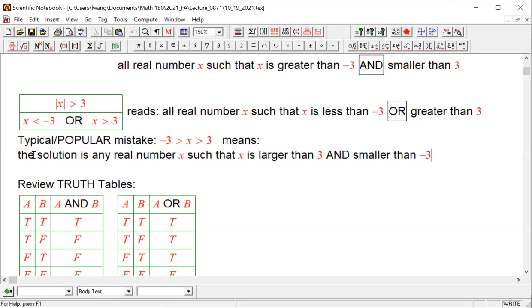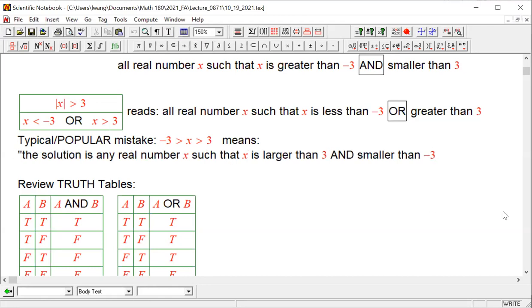I want you guys to read this sentence. Because whenever you do this, that's how your professor reads it.